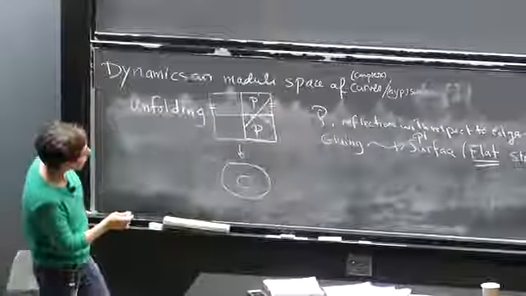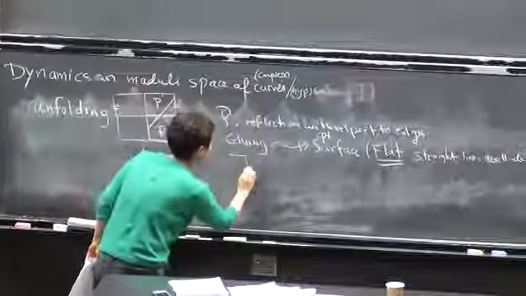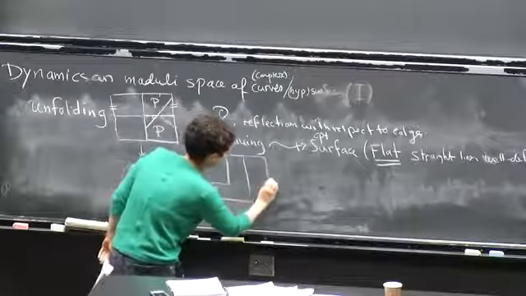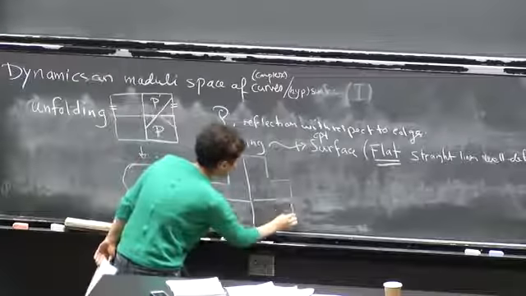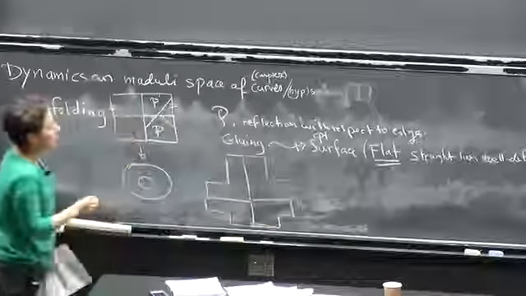If you do it for a more complicated billiard, you put these copies next to each other and then glue.